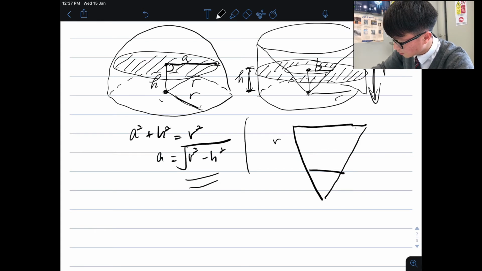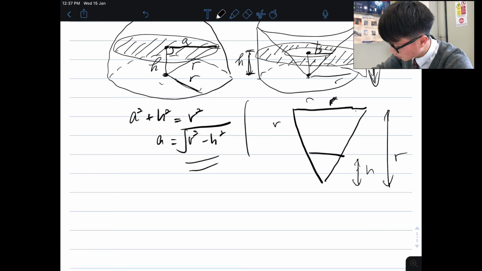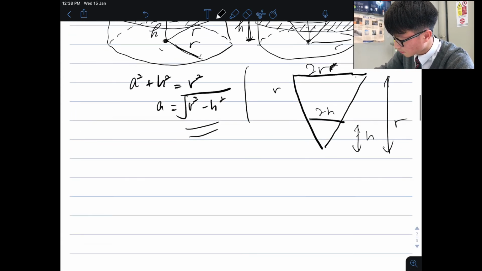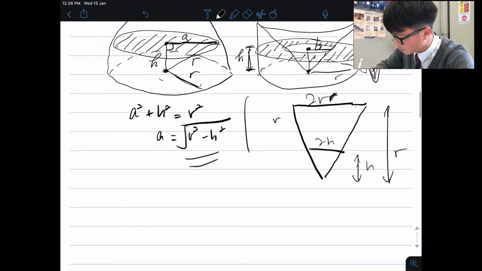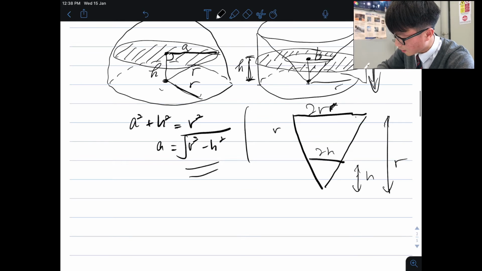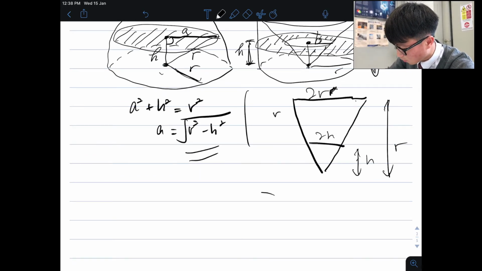Here is radius r, here we suppose the radius is h, and by similar triangles this is 2r and this is 2h. By subtracting the areas of these two circles, we get this formula.